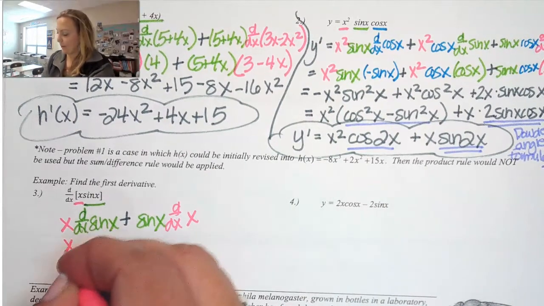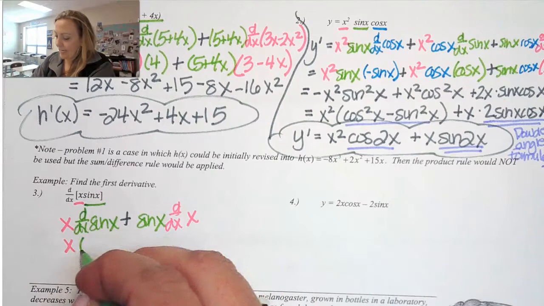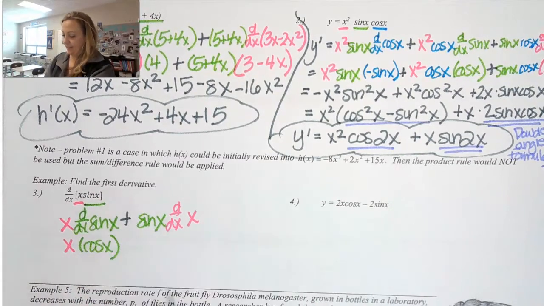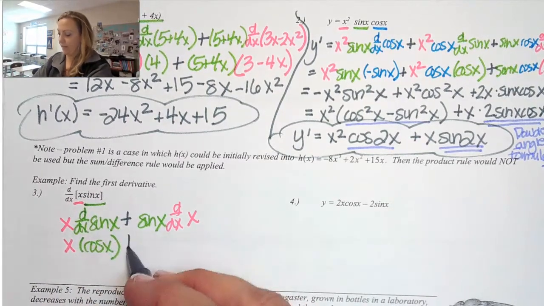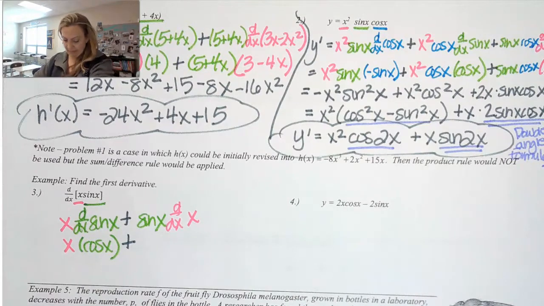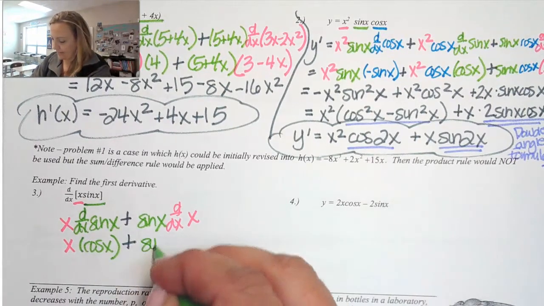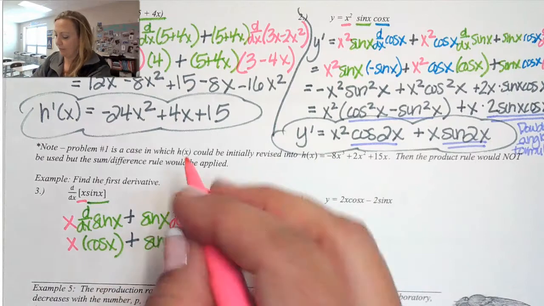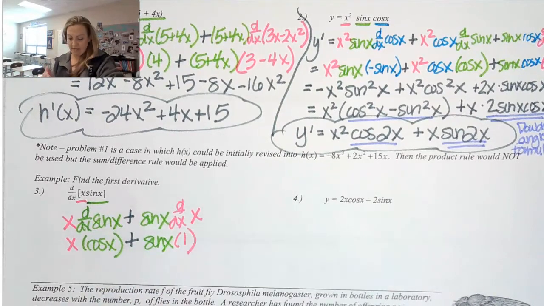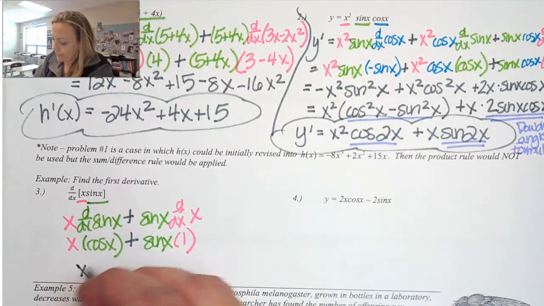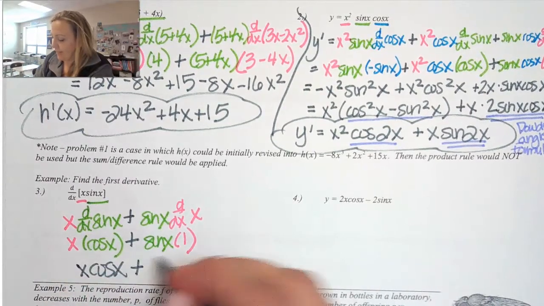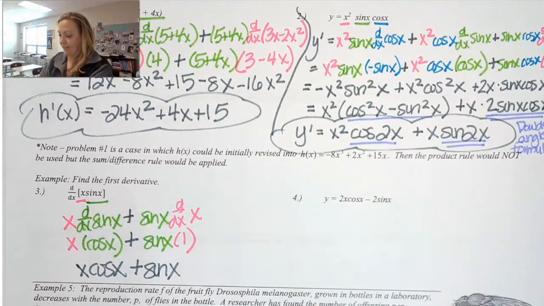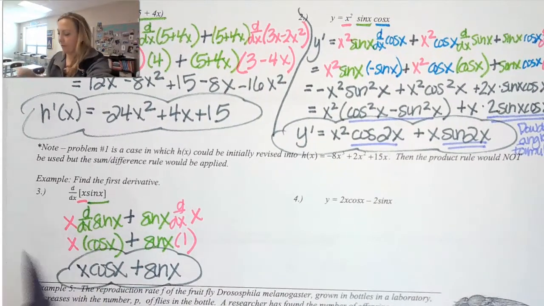So that means that I would have x times the cosine of x plus the sine of x times the derivative of x, which is 1. So essentially then I would just have x times cosine of x and then plus the sine of x. That looks fine to me. That would be our derivative.